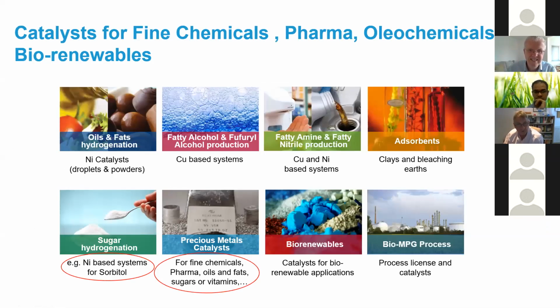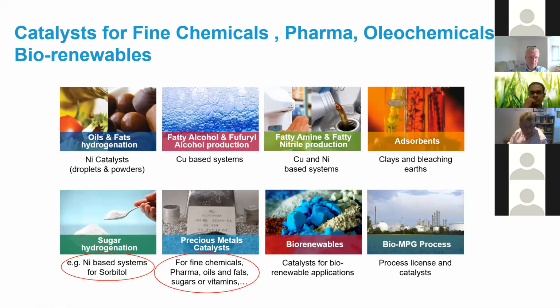So just a few general slides here to show you where powdered catalysts might be used. So I mentioned sorbitol. In the fine chemical and pharmaceutical industry, when I started selling catalysts back in the 1980s, the pharmaceutical industry was using hundreds of tons a year of precious metal and nickel catalysts for manufacturing pharmaceuticals, and they were made in rather large chemical plants.